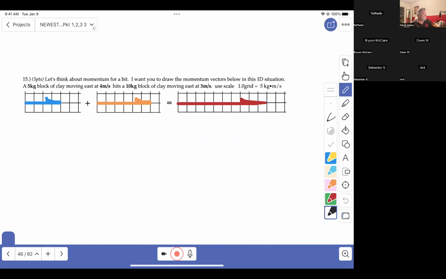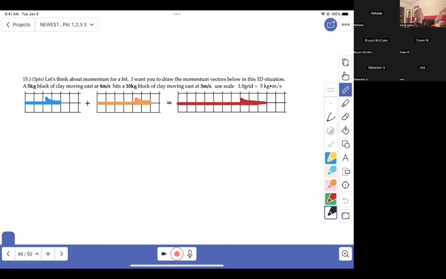Number 15 is a nice break. The whole point here was momentum vectors are suitcases. They have both velocity and mass hidden inside them. And so that's why, even though it's 5 kilograms, it's 4 blanks, because each blank is 5 kilogram meter per second.